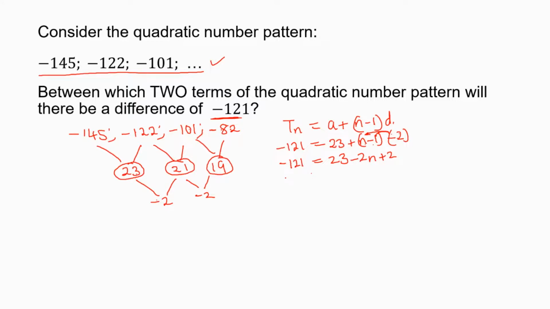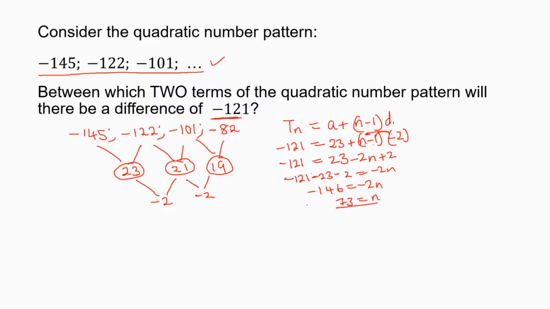So it's going to be negative 121 minus 23 minus 2 is equal to negative 2n. This is like negative 25, and then negative 121 minus 25, that is negative 146, is equal to negative 2n. And then it means n is equal to 73.